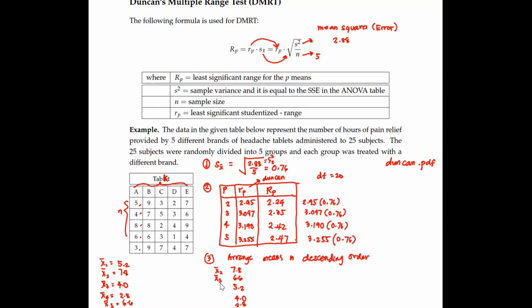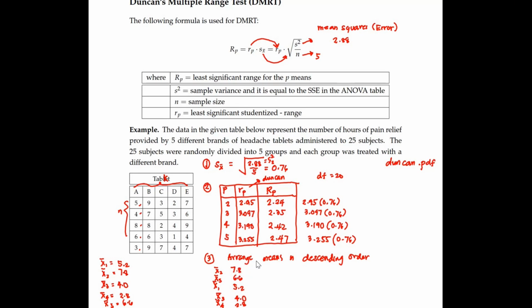No sorry, x sub 2 bar, x sub 5 bar, and then we have x sub 1 bar, x sub 3 bar, and x sub 4 bar.